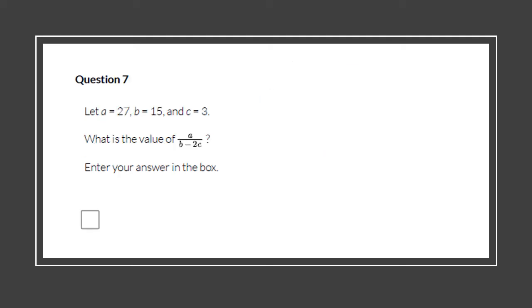Okay, number 7. Let a equal 27, b equal 15, and c equal 3. So I'm going to write this over here. a over b minus 2c. So I'm going to plug in a.